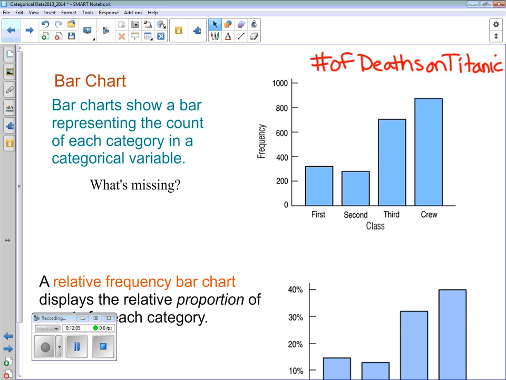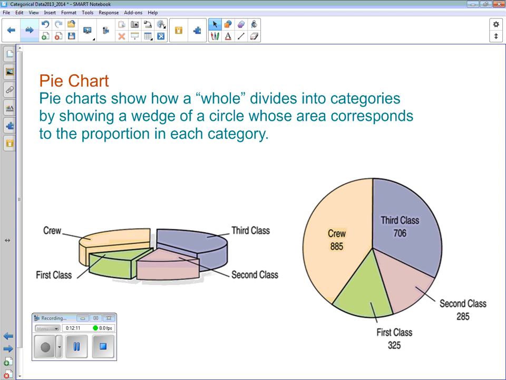Okay? Good. All right. Pie chart is something else that we will look at when we talk about categorical data or counts. And this is something that we don't use a whole lot because, well, I don't know, AP doesn't want us to use it a whole lot. So we'll talk about it a little bit, but then we probably won't talk about it again for a while.